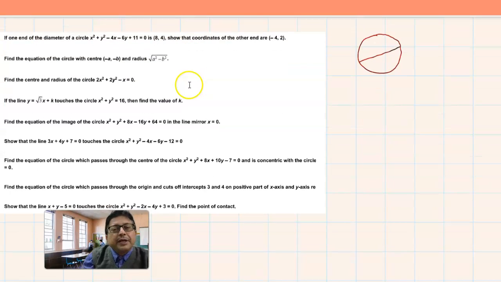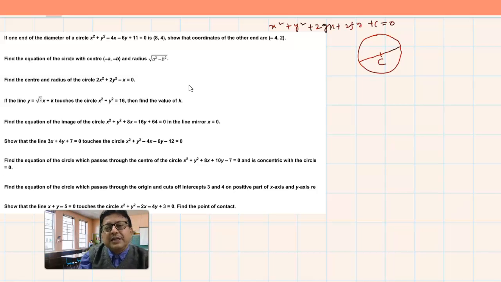You know, if the circle is x square plus y square plus 2gx plus 2fy plus c equal to 0, then (minus g, minus f) is the center. So for this circle, on comparison with x square plus y square plus 2gx plus 2fy plus c equal to 0, what do you get?